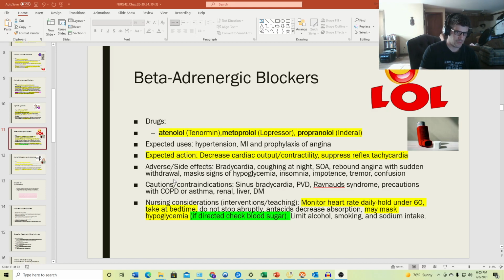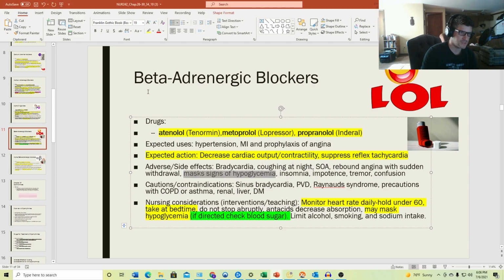Adverse side effects, we have nothing highlighted here for now, but bradycardia, coughing at night, SOA, rebound angina with sudden withdrawal, masked signs of hypoglycemia, insomnia, impotence, tremor, and confusion. Let me look. Yes, masks signs of hypoglycemia.